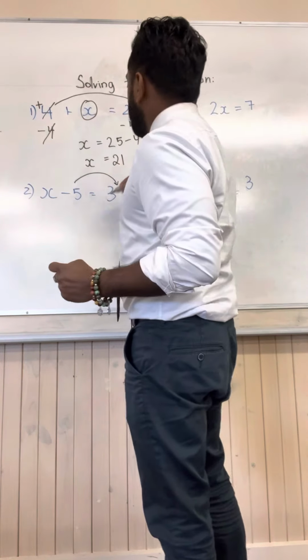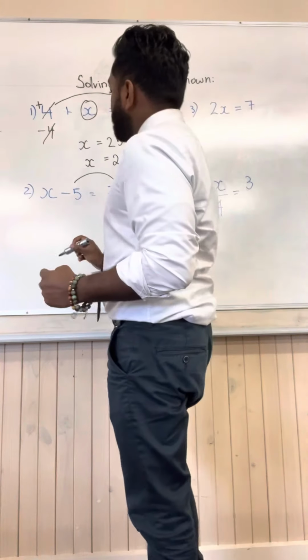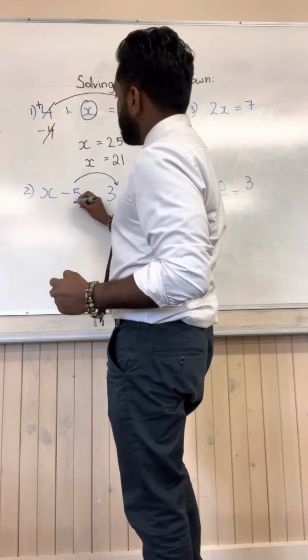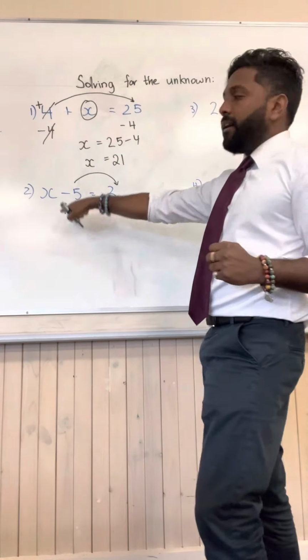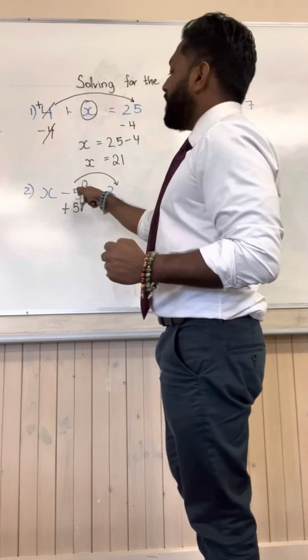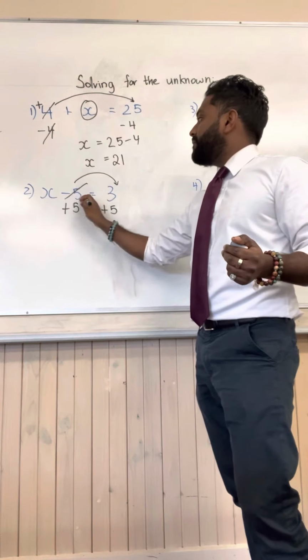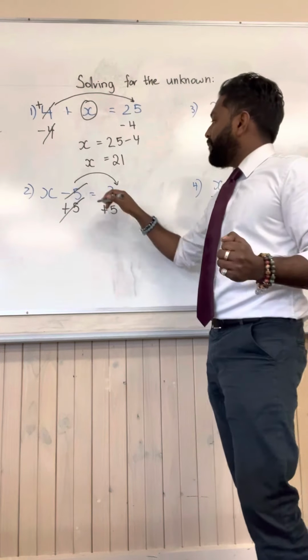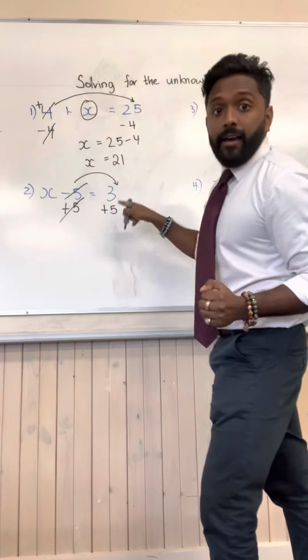To bring this to this side, you have to do the opposite. What's the opposite of minus 5? It's going to be plus 5. Whatever you do to the left-hand side, you must also do to the right-hand side. So minus 5 plus 5 basically just means 5 take away 5, which is going to be 0. You're left with now 3 plus 5, which is equal to 8.